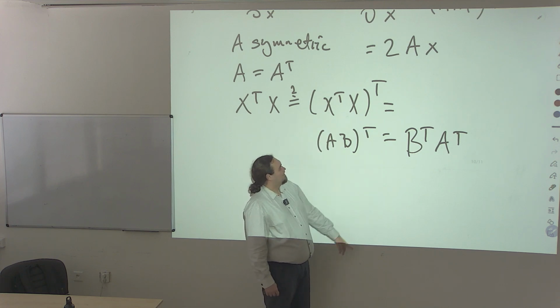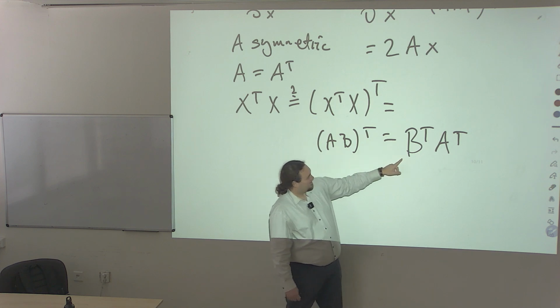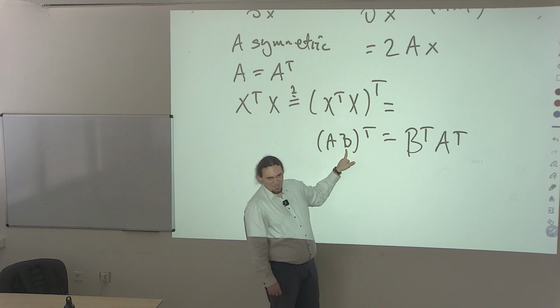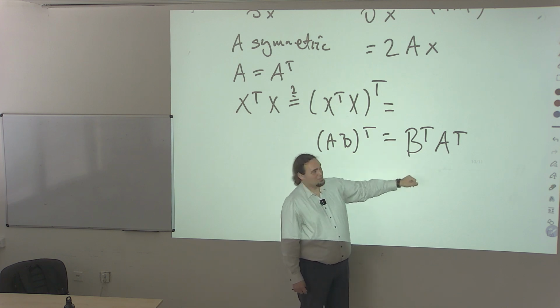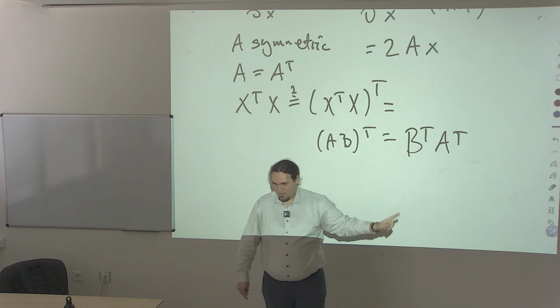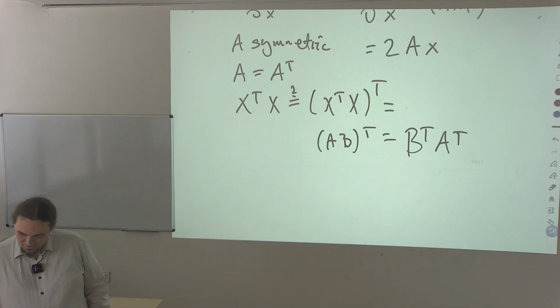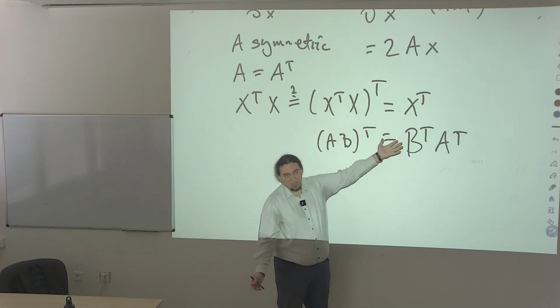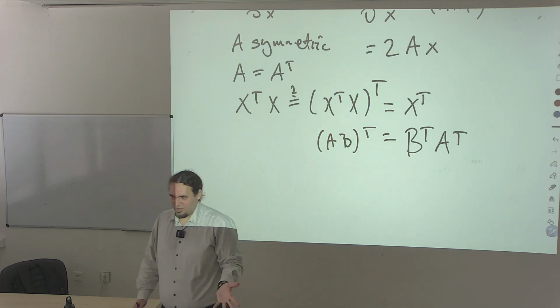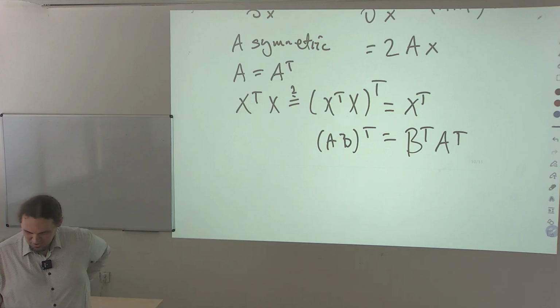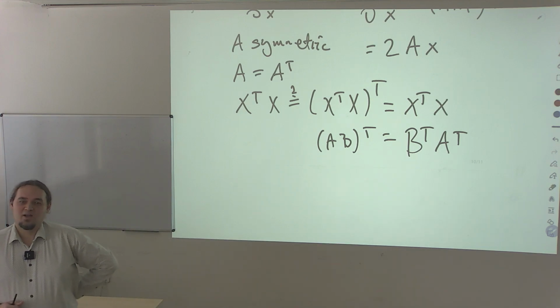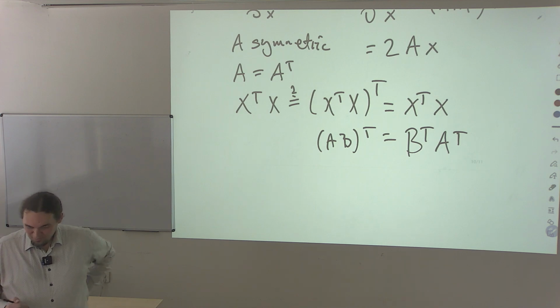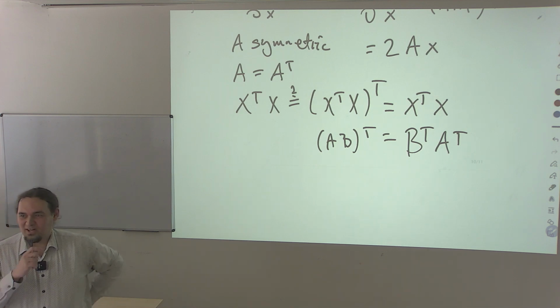How is this applied? We take the second matrix and transpose it, and then we take the first matrix and transpose it again. What do we get? X transpose transpose is again X itself. Our mathematical proof was just done. Quod erat demonstrandum.